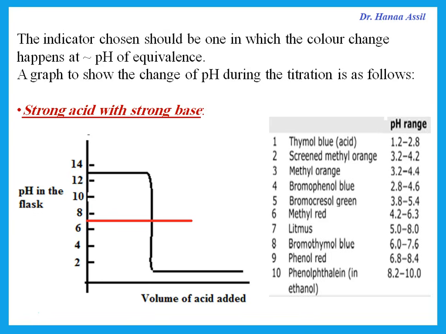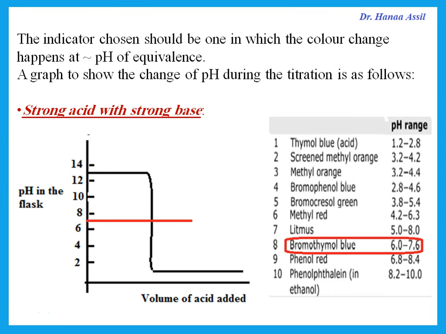Can you see that? So you look at your list of indicators and you choose the indicator that will change color in that pH range. So you're looking for something that will change color in the range of 7. So if you look at bromothymol blue, it changes color between 6 and 7.6. So this would be a suitable indicator to be used in this titration.